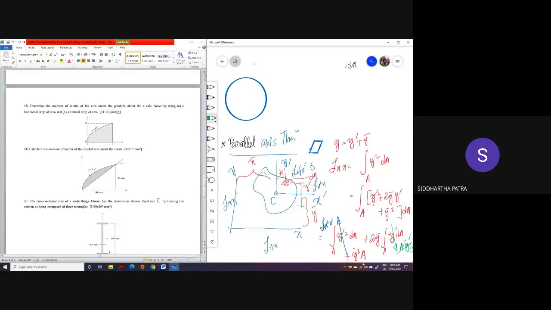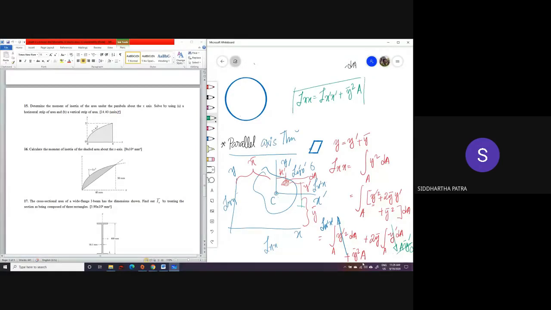Which means we are left with this expression. As I mentioned earlier, in order to get the moments of inertia with respect to the centroid, you need the coordinate of the centroid. So the second term drops out.